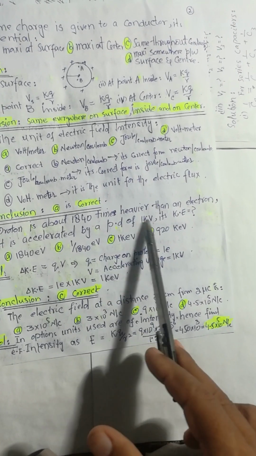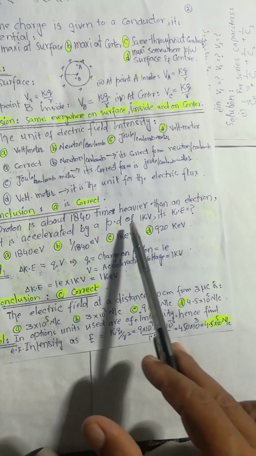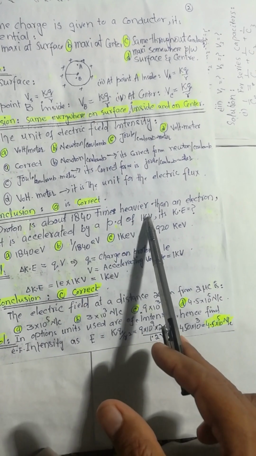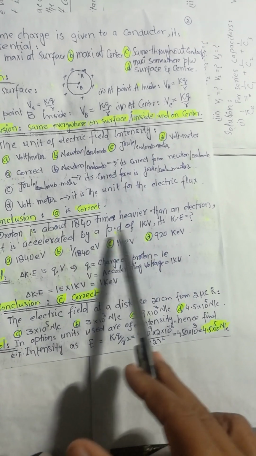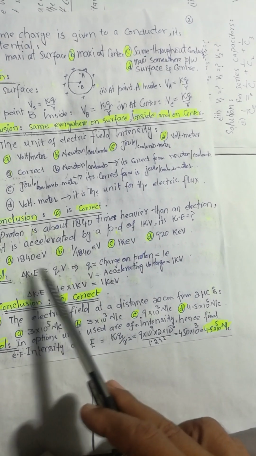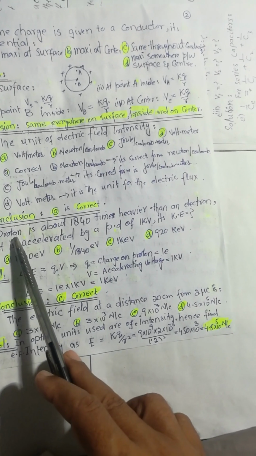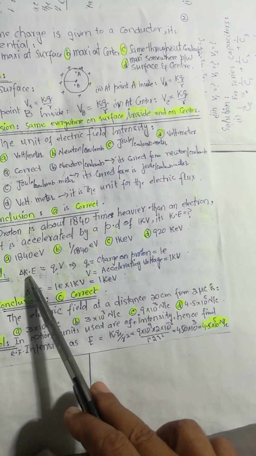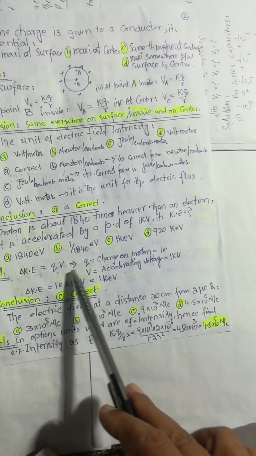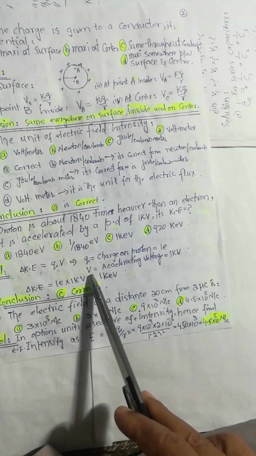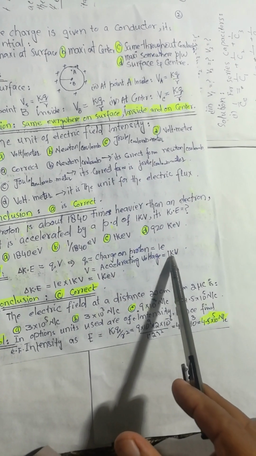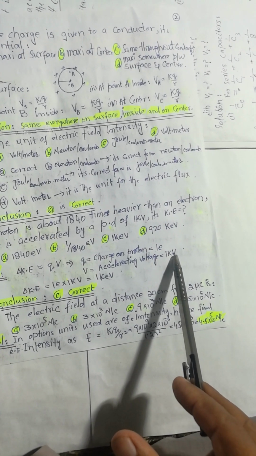The same will be the situation, but here the voltage of the battery will accelerate the proton, so electrical potential energy will be converted into kinetic energy of the protons. The equation will be delta KE equals QV. Now Q is the charge of the proton, while V is the accelerating voltage, given as 1 kilovolt.